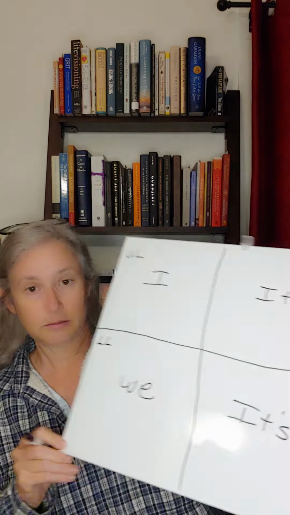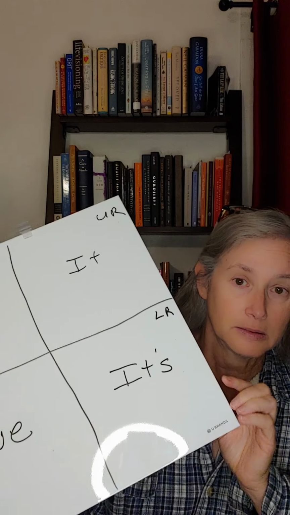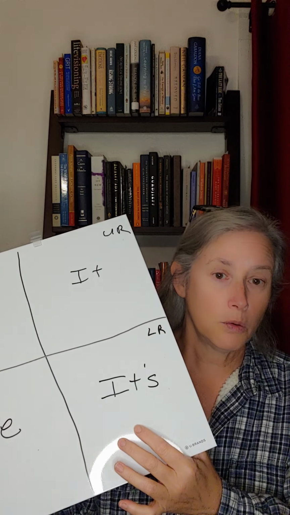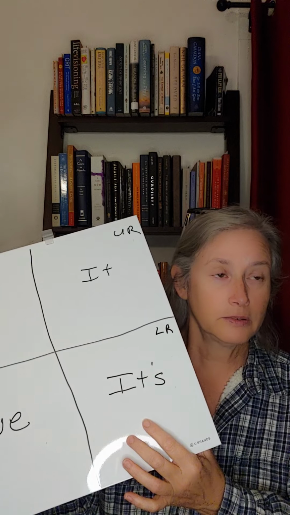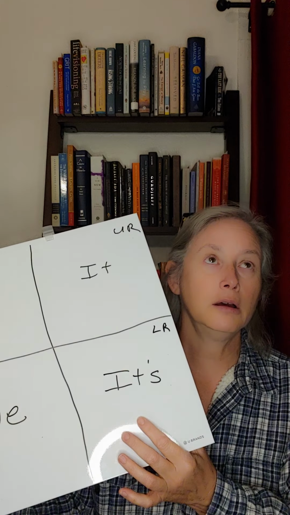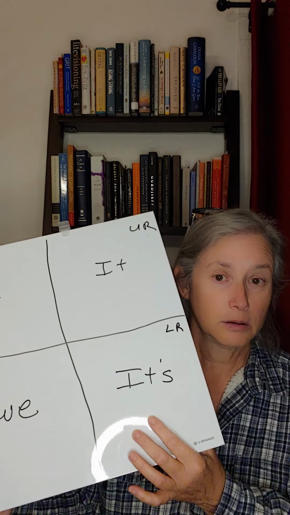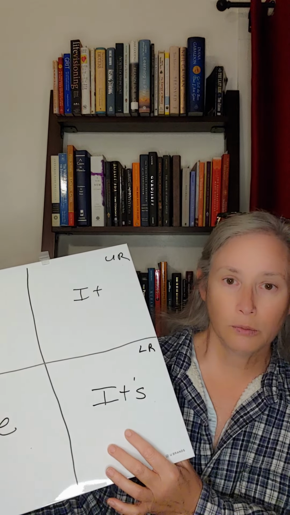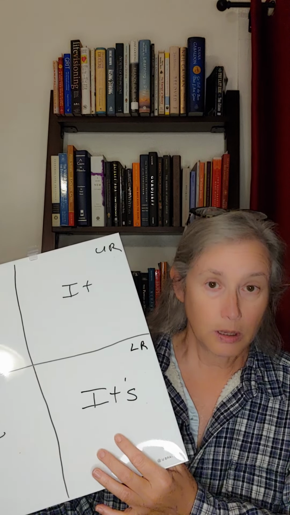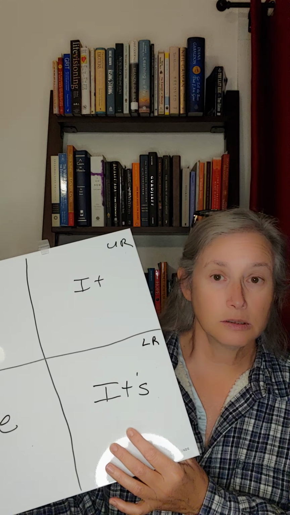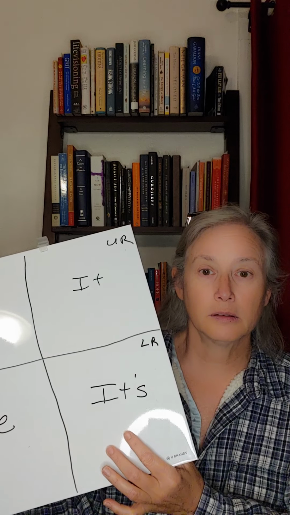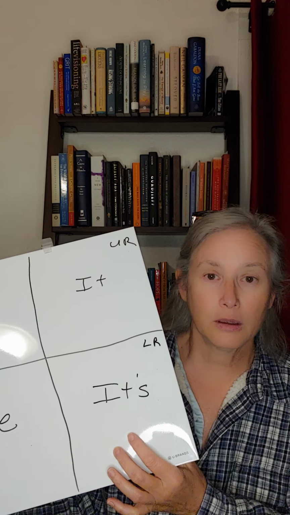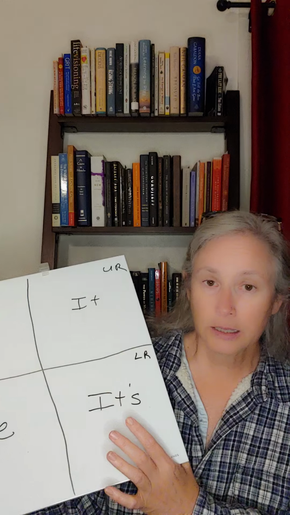The lower right quadrant is reserved for its. Its is in the lower right quadrant. This is where systems are, where when we want to talk about a system, we know as a common reference point, we are talking about the lower right quadrant. And a system would be things like our education system, our criminal justice system, our healthcare system. We are looking at an its, right?